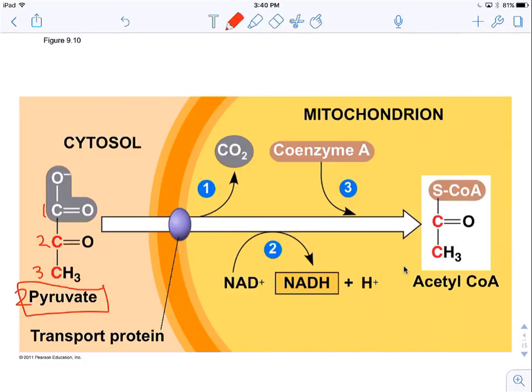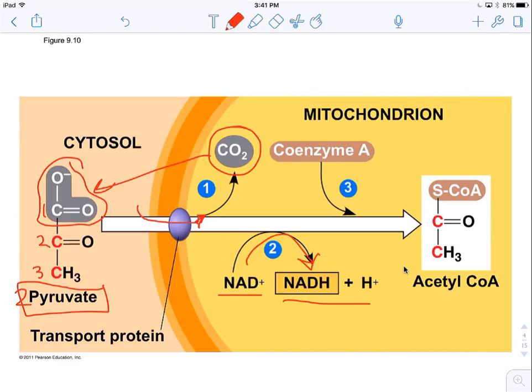So as pyruvate is transported in, the first part of the pyruvate dehydrogenase complex removes a molecule of carbon dioxide, and that comes from this right here. In doing so, it releases some high energy electrons that are used to reduce NAD+ into NADH plus H+.